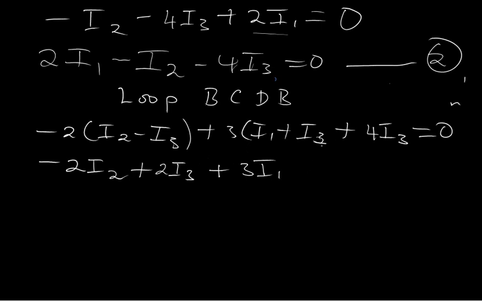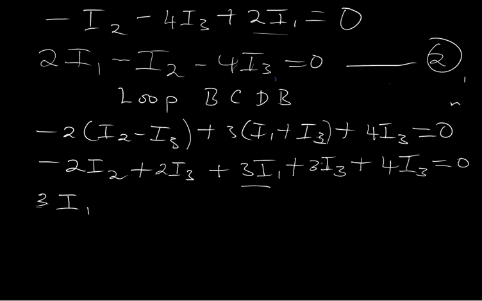Okay, plus 3I3 plus 4I3 is equal to 0. Okay, here we go. Collecting like terms. 3I1 doesn't have any like term.